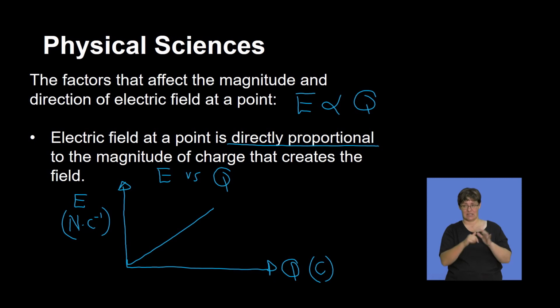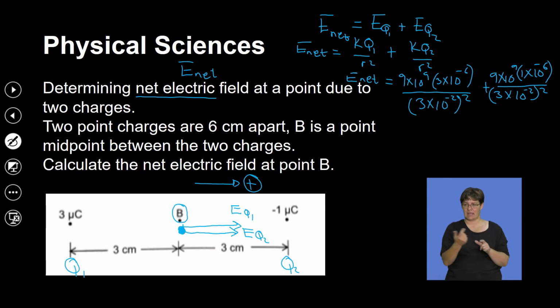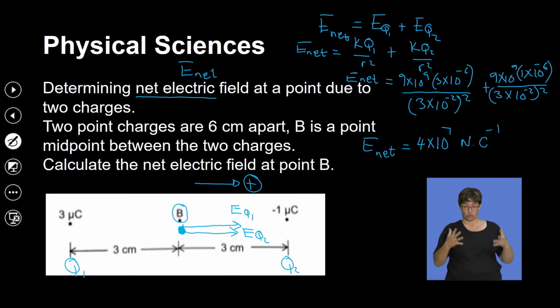So our E net is equal to 40 million, which is 4 times 10 exponent 7 newtons per coulomb. This is the magnitude, but the direction is towards Q2, or to the right. So this is how we determine the magnitude of E due to 2 point charges at a common point.